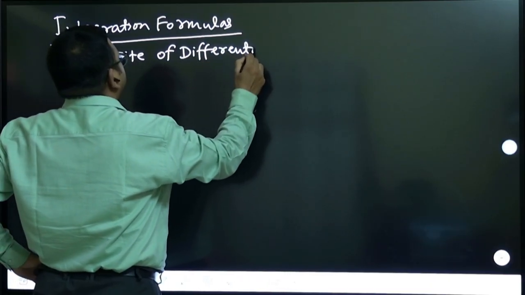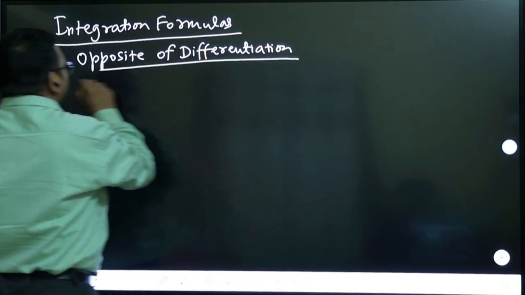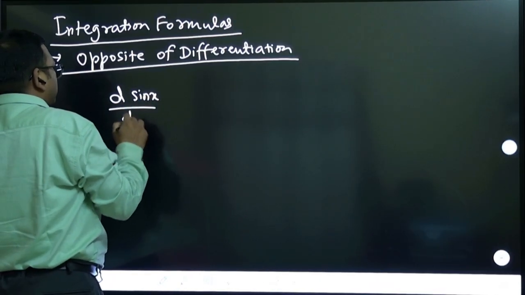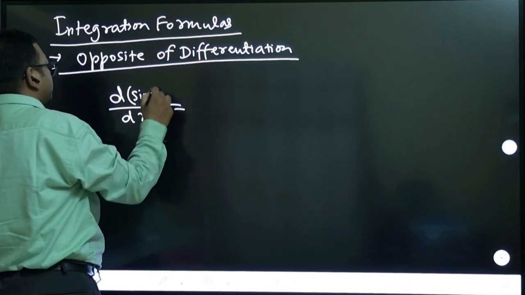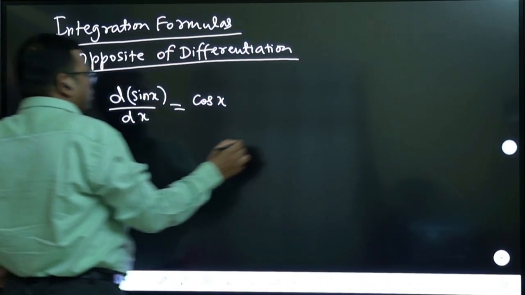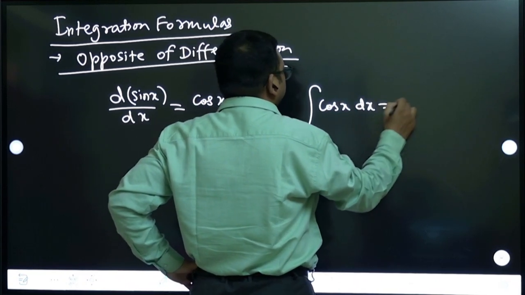We should also know that integration is opposite of differentiation. For example, differentiation of sin x with respect to x is cos x. That is why integration of cos x will give us sin x.